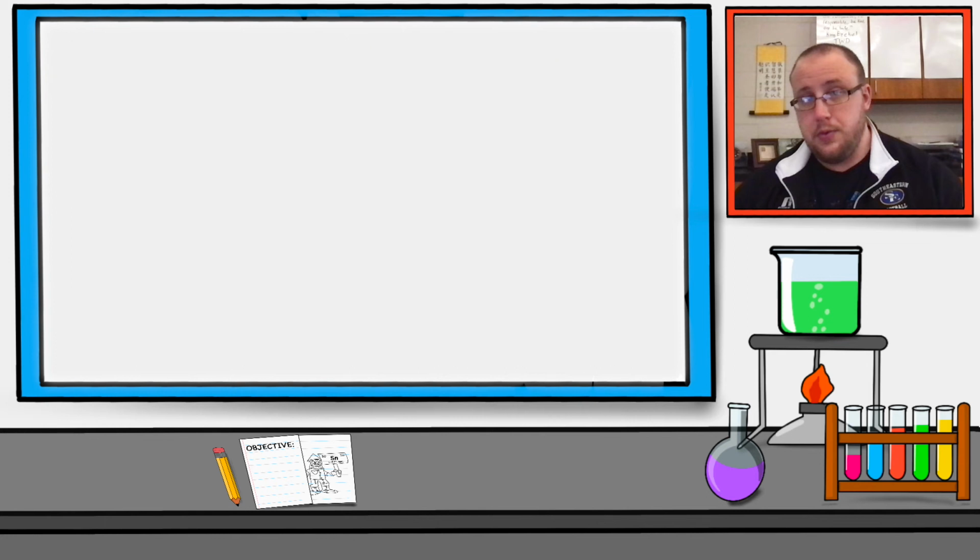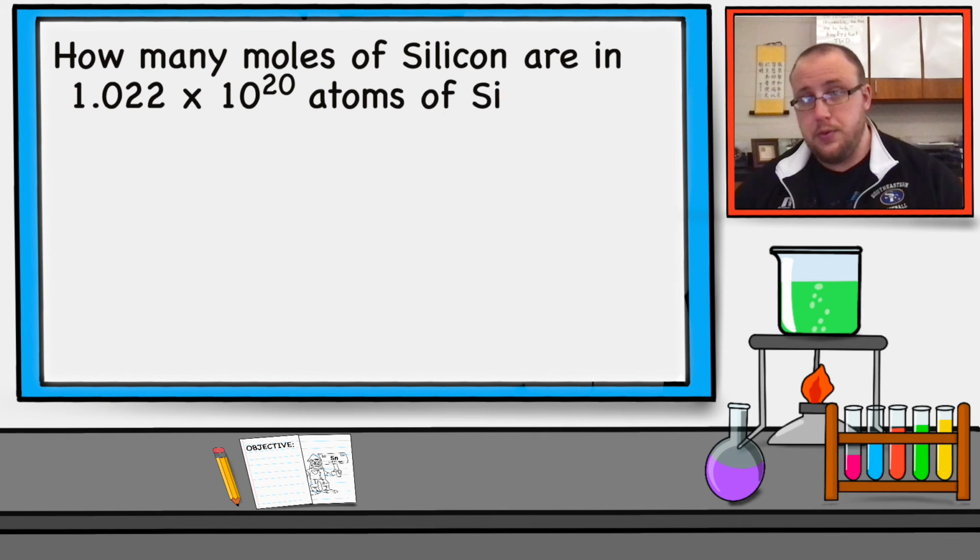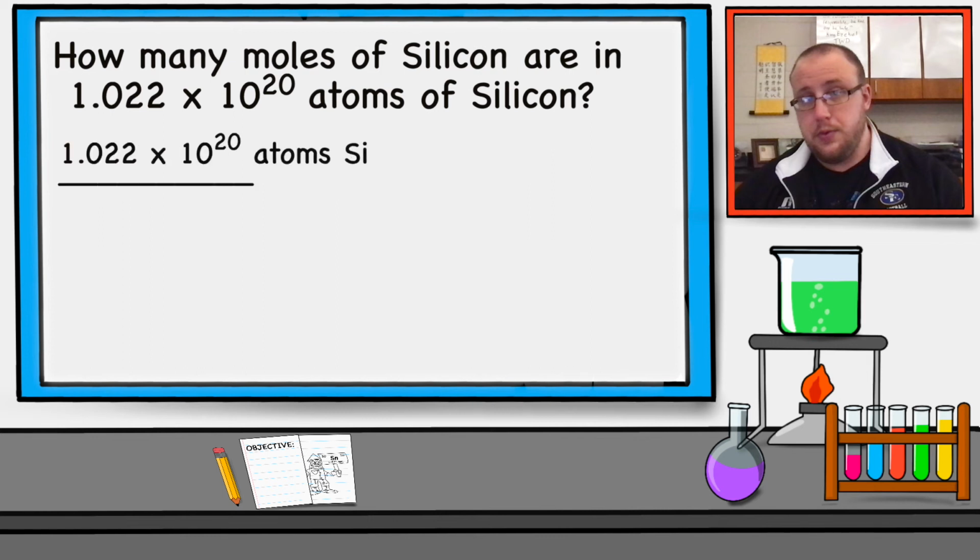Here's another question. How many moles of silicon are in 1.022 times 10 to the 20th atoms of silicon? Setting up our equation, we write down what we know over 1 first. So this is going to be 1.022 times 10 to the 20th atoms of silicon over 1.